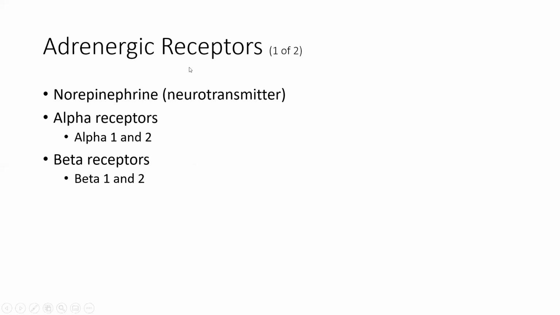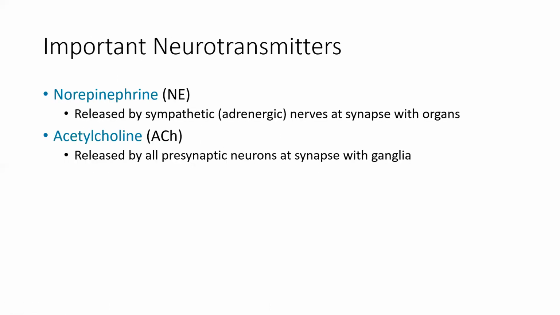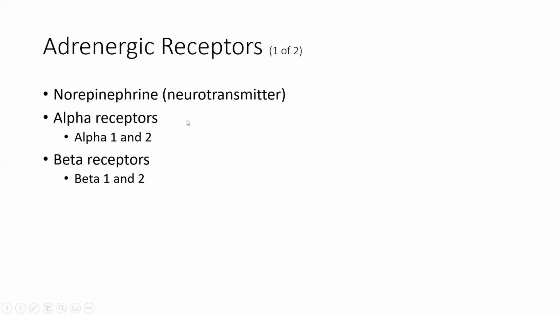Then there is the adrenergic receptor. I'll go back for a minute. Adrenergic receptors here. Adrenergic means sympathetic, at the time of stress. So adrenergic receptors are receiving the neurotransmitters at the time of stress. So norepinephrine is a neurotransmitter which is secreted at the time of stress, and it's received by the receptors named adrenergic receptors.